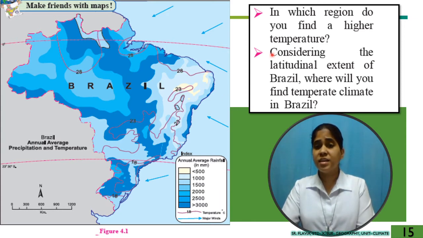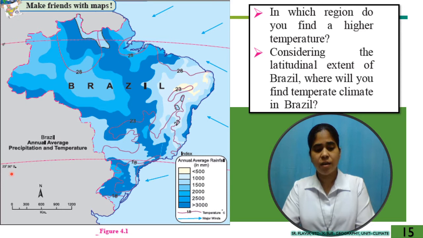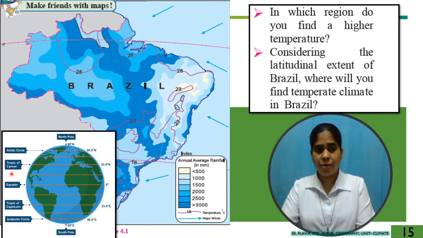Next, considering the latitudinal extent of Brazil, where will you find temperate climate in Brazil? This is the equator, 0 degrees, and this is the Tropic of Capricorn, 23.5 degrees. Look at this diagram. This is Tropic of Cancer, 23.5 degrees north.